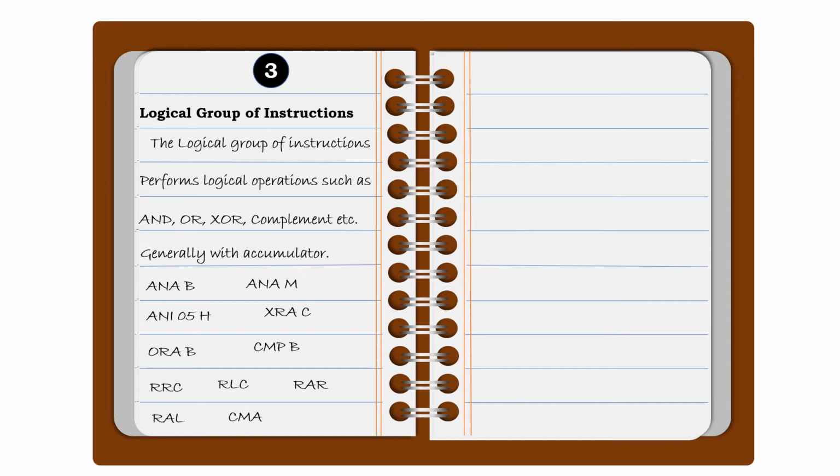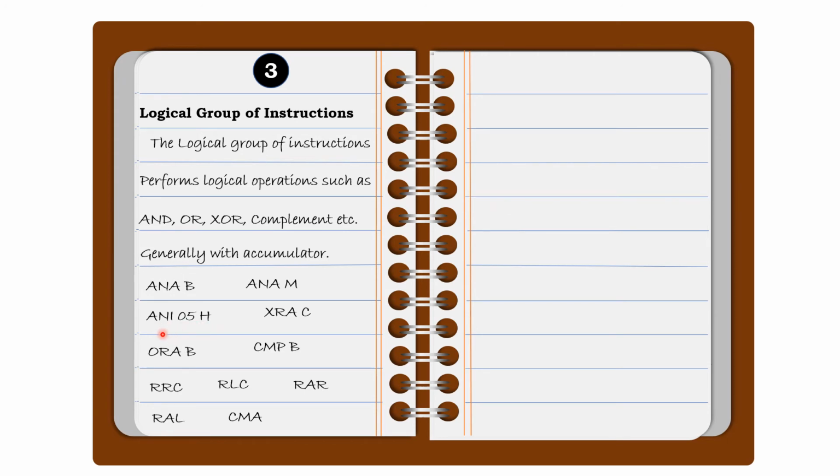Here they have given some examples: ANA B, ANA M. The meaning of this is you just make the logical ANDing of register B with the accumulator. Logical ANDing of the memory content which is pointed by the HL pair with the accumulator, and again the result will be placed back to the accumulator.